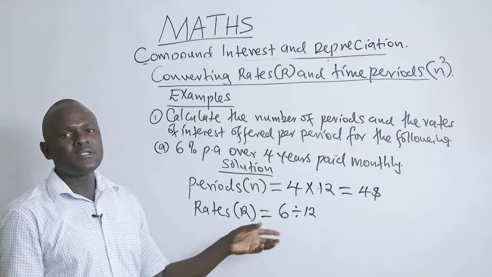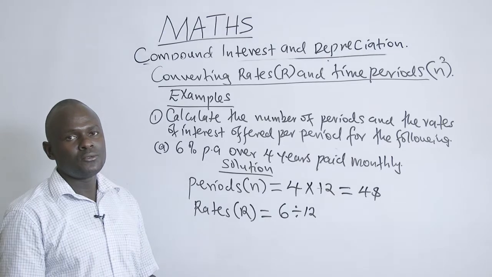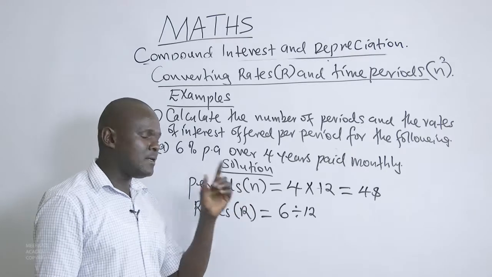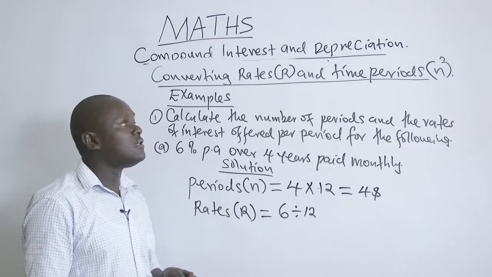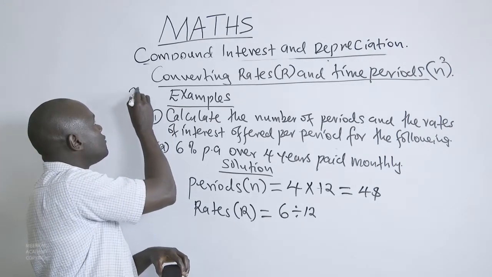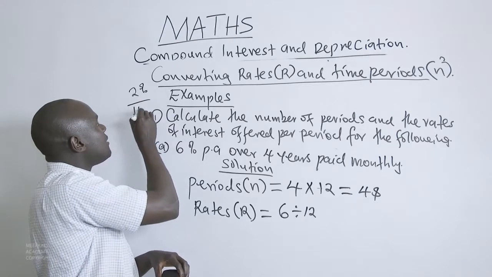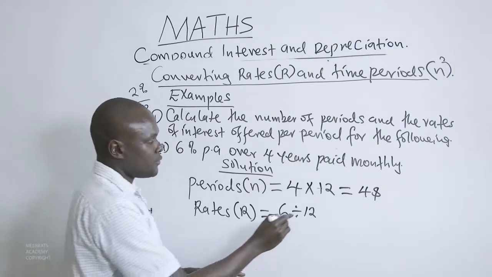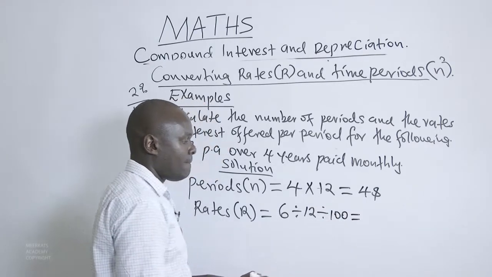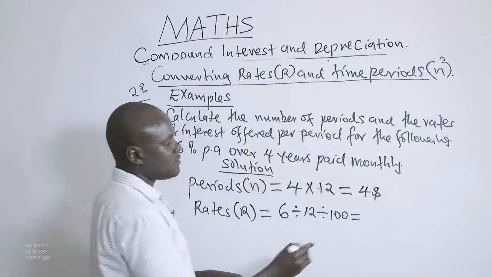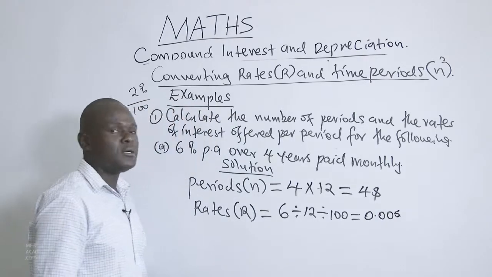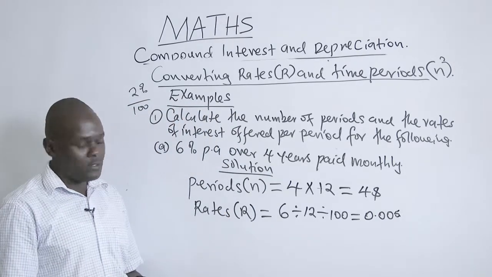And to convert the same into decimals, remember conversion of numbers to decimal, you divide that number by 100. Like if you want to convert 2% to a decimal, you basically divide this by 100. So this will be divided again by 100. And that is going to give us 0.005. Those are the monthly rates that we are going to have.